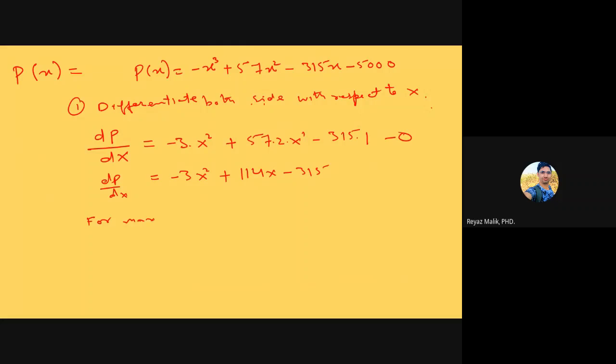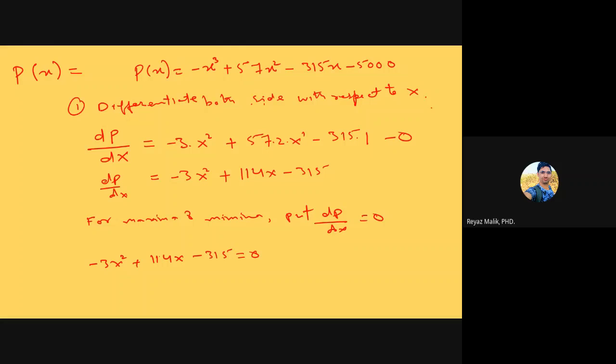For maxima and minima, put dP by dx equal to 0. So it will be minus 3x square plus 114x minus 315 equals 0.